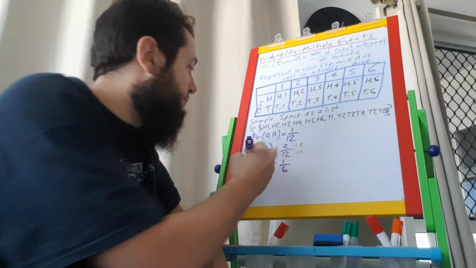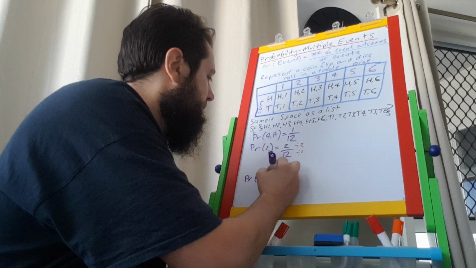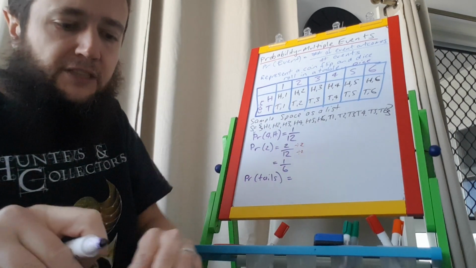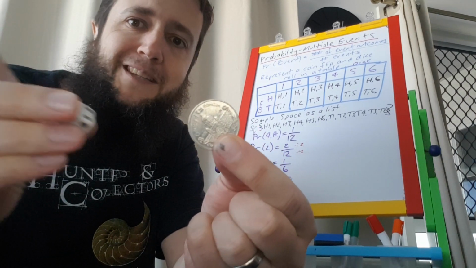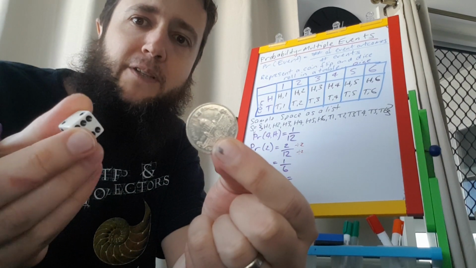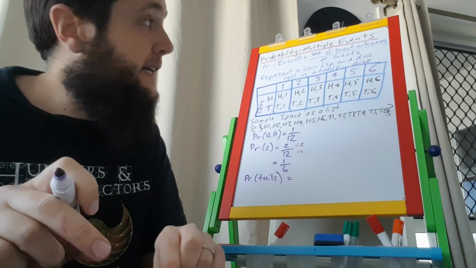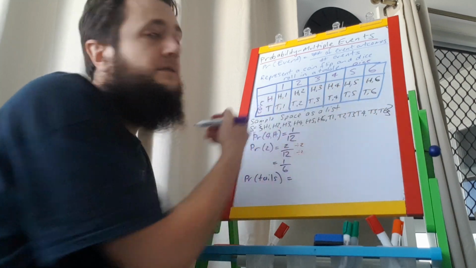Let's do another example. What's the probability of tails? How many outcomes would give you tails? Well, each different outcome here is still going to be a tails outcome, and we can look at the table as well. All of those outcomes involve tails.